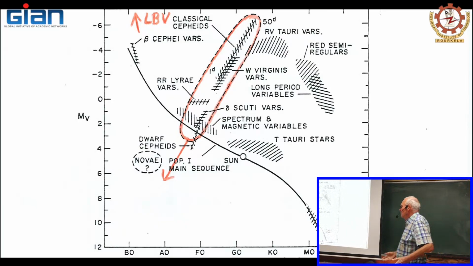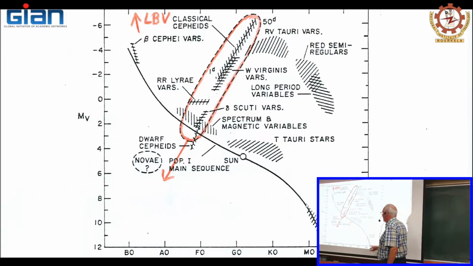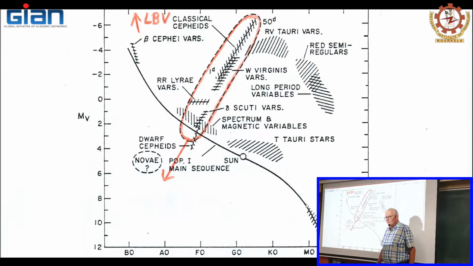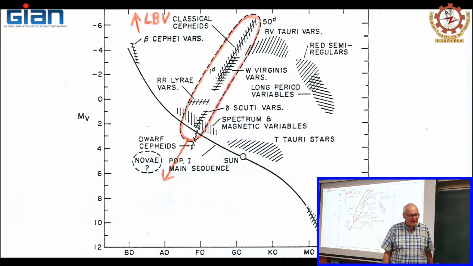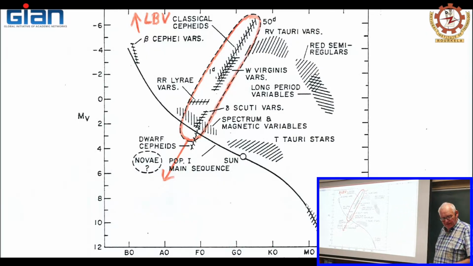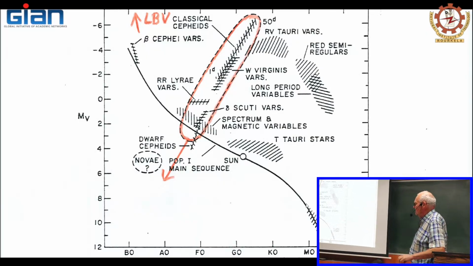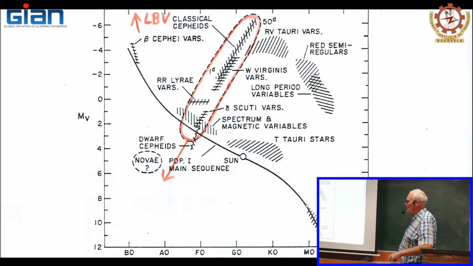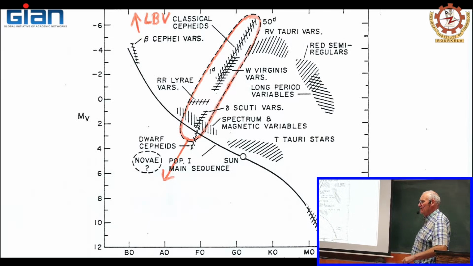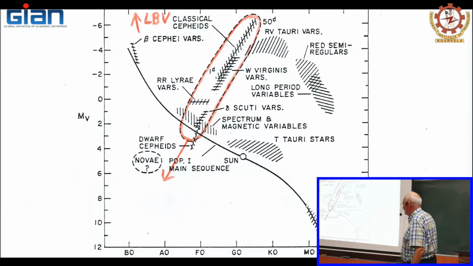And you may perhaps know that our sun is also found to be variable. We don't see it, but if you investigate the surface of our sun, you will find that our sun pulsates with a period around 5 minutes.